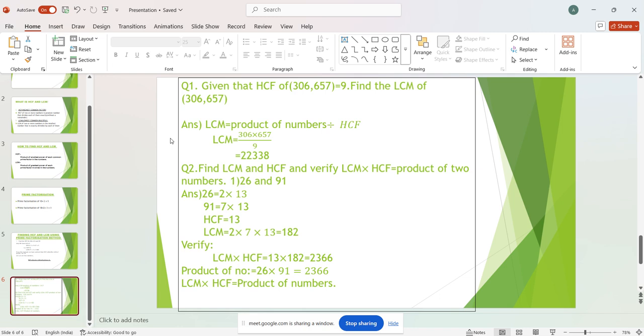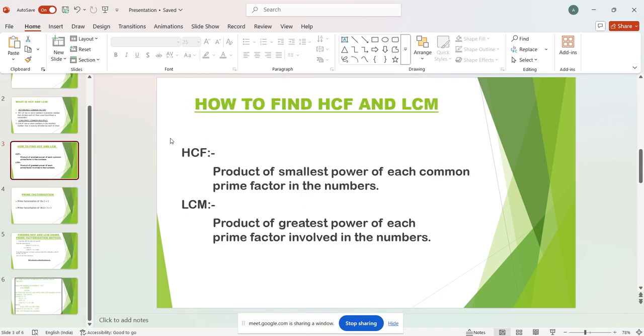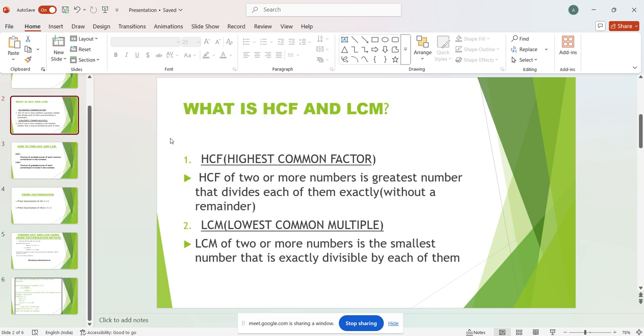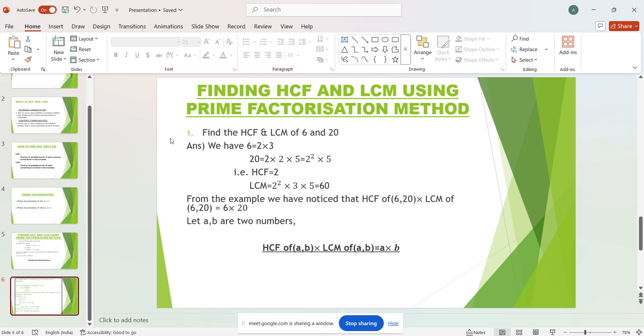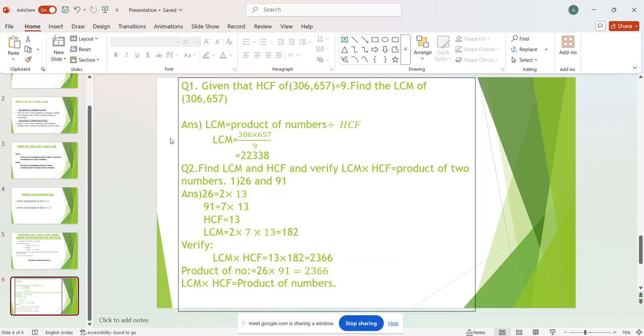So LCM equals the product of the numbers divided by HCF. The product of the numbers means 306 into 657 divided by 9, and 9 is the HCF. You do not need to multiply directly, so 657 and 9 is the cancellation method.